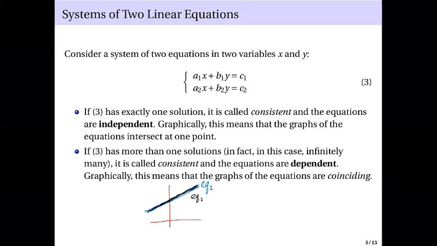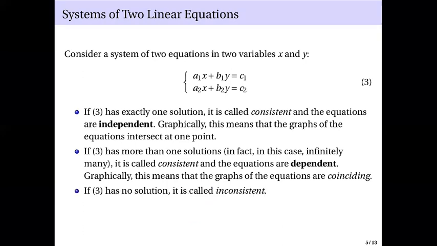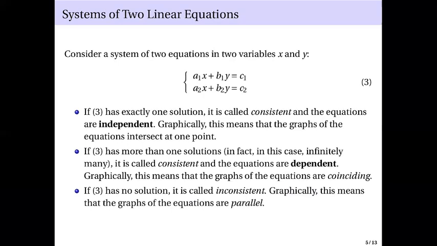Next, if this system has no solution, then it's called inconsistent. Graphically, the graphs of these equations are parallel, meaning they will not intersect.